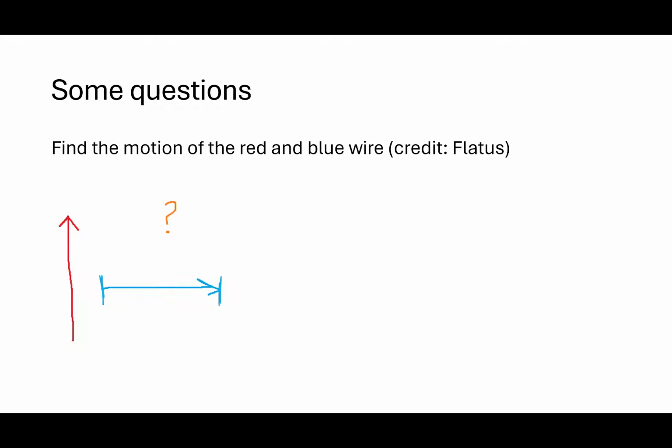From the right hand grip rule, we see that it's going out of the page and then into the page, but it literally just ends right here. There's nothing here. So there's nothing on the red wire, and because there's nothing on the red wire, there's no force it could have. At least there's no magnetic force it could have.